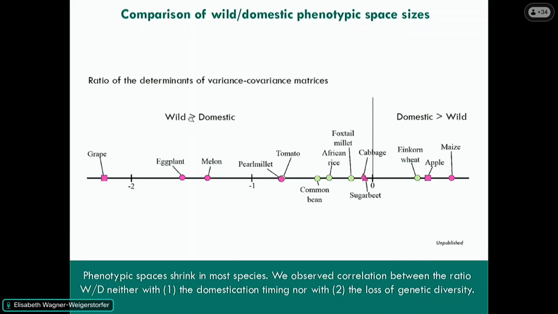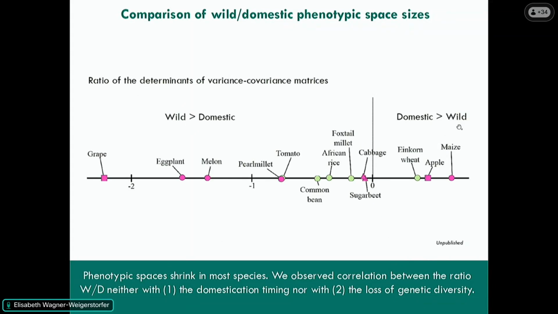So if this ratio was below 1, it meant that the wild multivariate phenotypic space was greater than the domestic space. And if the ratio was above 1, it was the opposite: the domestic space was greater than the wild space.